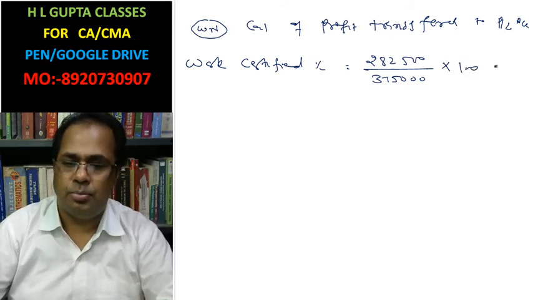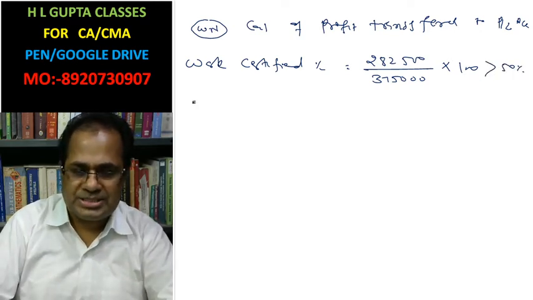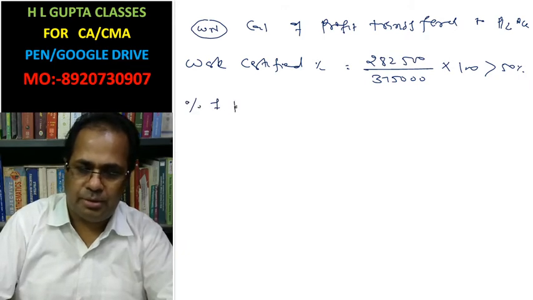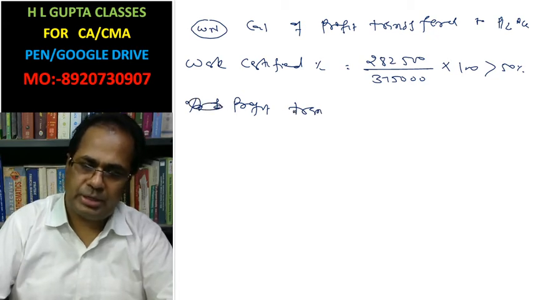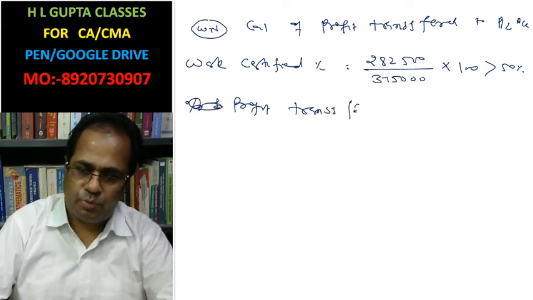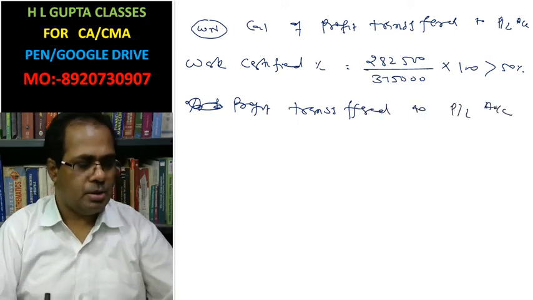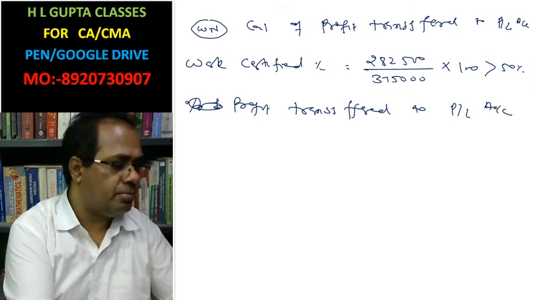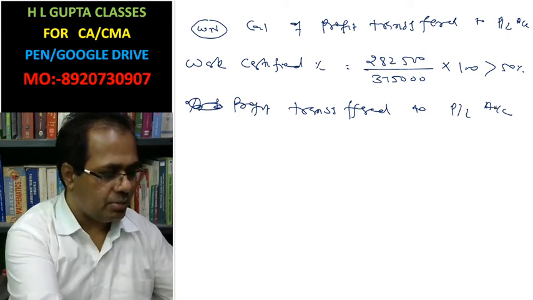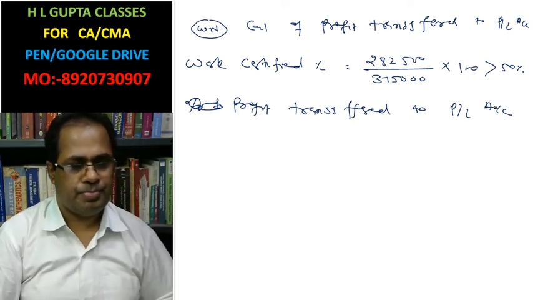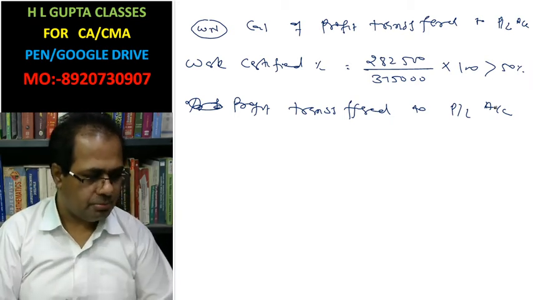How is the percentage of profit transferred to profit and loss account calculated? Please try to understand.